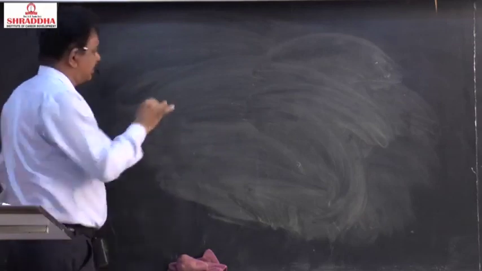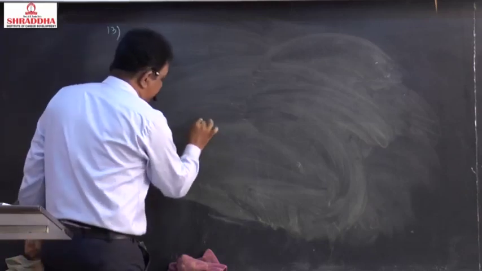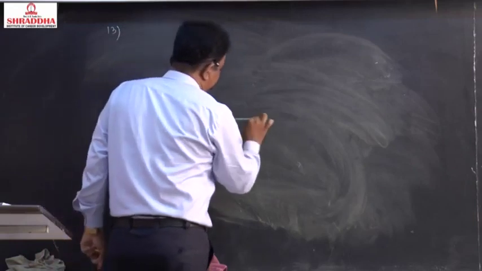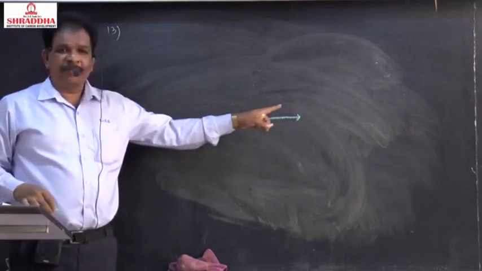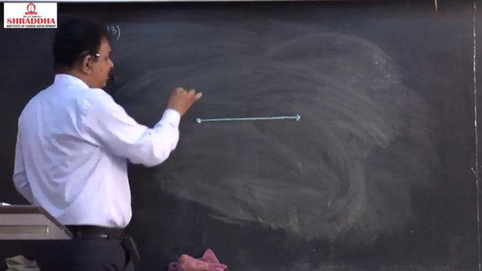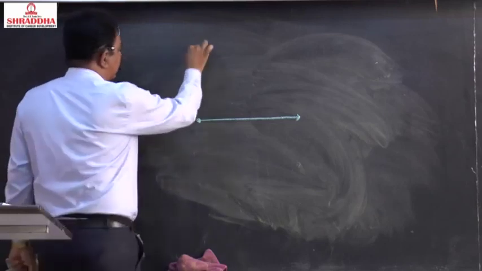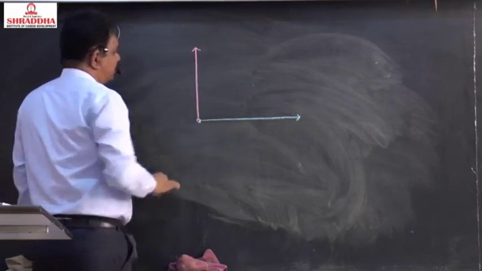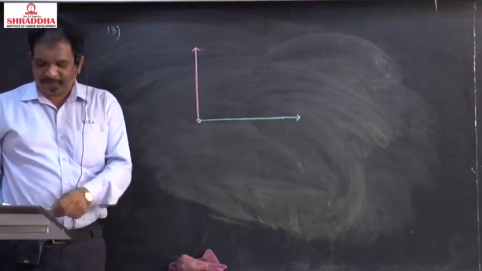Question number 13. What they are mentioning, see, here one particle. If you understand the diagram, you can understand. One particle, capital A, is going along the x-axis. One particle B is going along the y-axis.